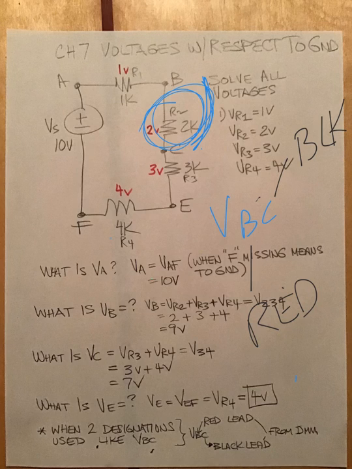So if they ask for VB, B has a red test lead on it, and the ground point would have the black. Hopefully this helps you with your voltages with respect to ground, voltages with respect to test points, or literal references to VBC, VBD, etc., etc.